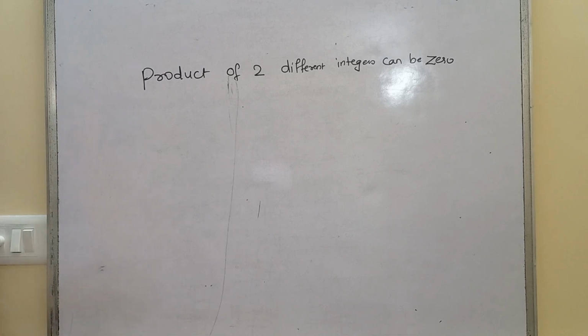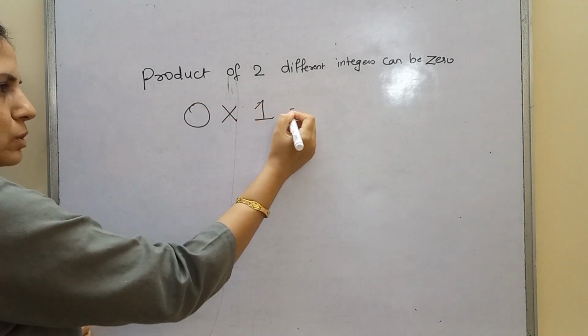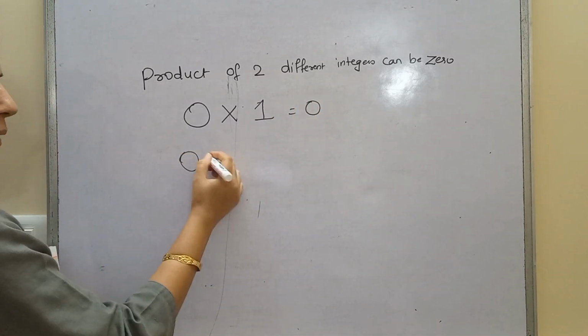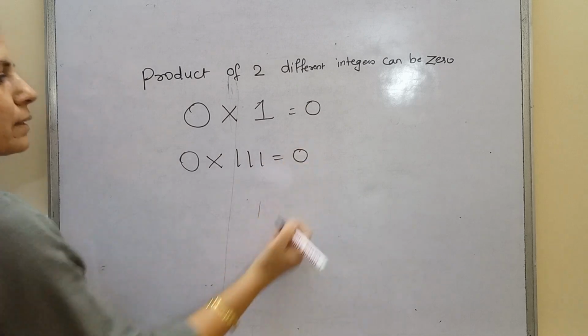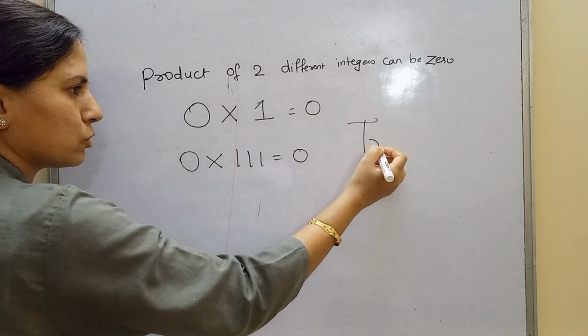Yes, it can be 0. Take a 0 and multiply it with any number, you will get 0 only. This is the verification of the answer, the justification. So the answer here is true.